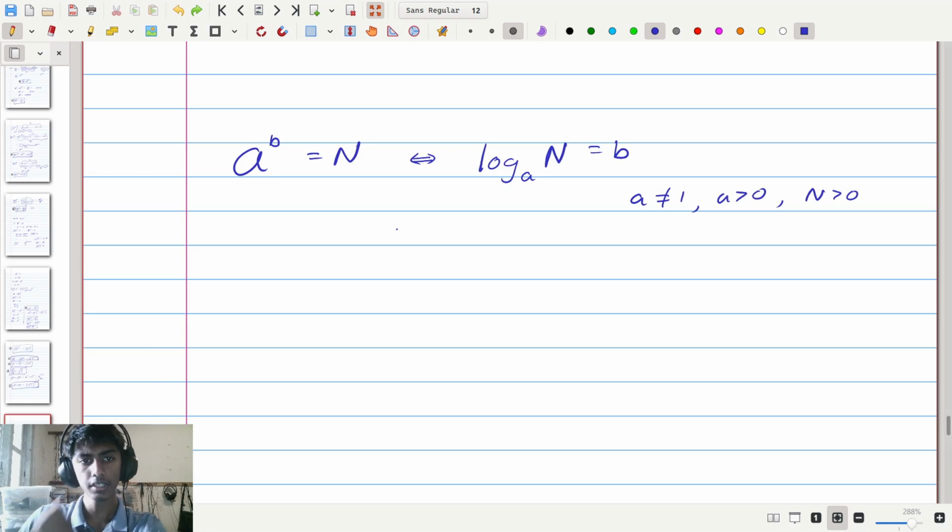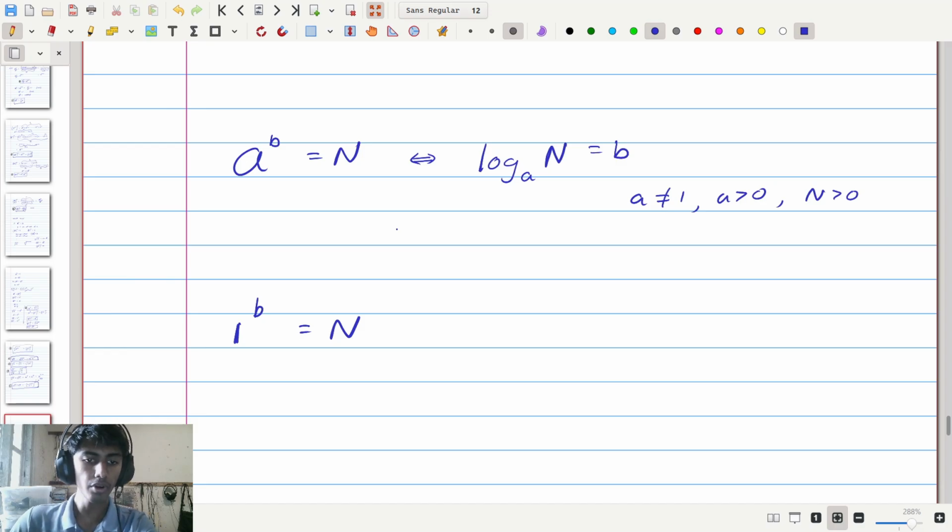Here you have to first understand that the equation on the left is exactly identical to the equation on the right. Writing a to the b equals n is identical to writing log base a of n equals b. Both are representing the same exact idea. So in this case, if a is 1, we have 1 to the b equals n.